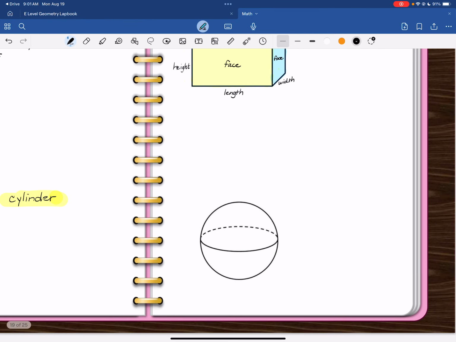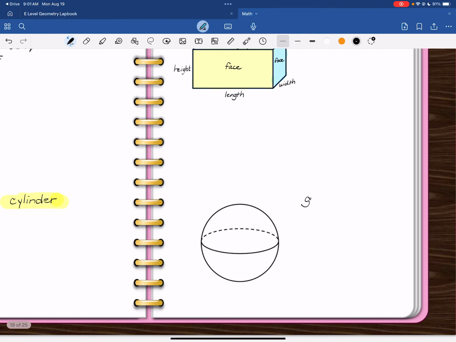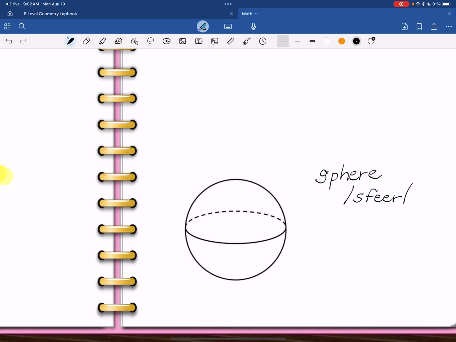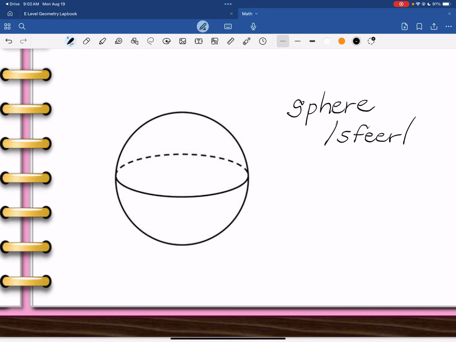Okay, very closely related is a sphere. Now, this looks like spear, but it's pronounced sphere. And again, this is circular all around. Here's a diameter.